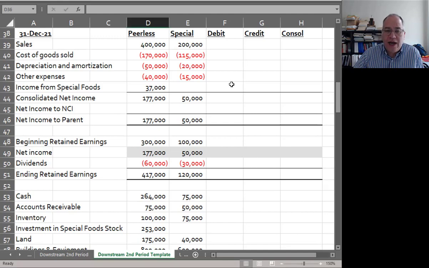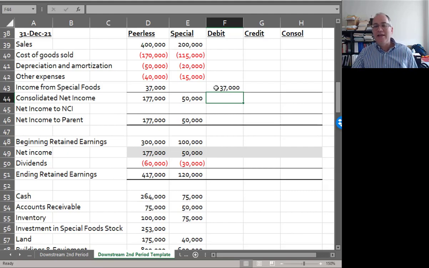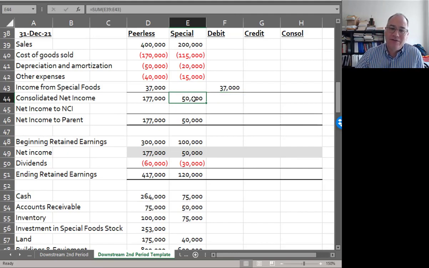The next thing that we do now is we do our basic elimination entry. So the basic elimination entry is going to involve debiting income from special foods for whatever that value is, in this case $37,000. Now I should note that the book takes a little left turn here in chapter 6, and previously this $50,000, it actually made the left turn in chapter 5.